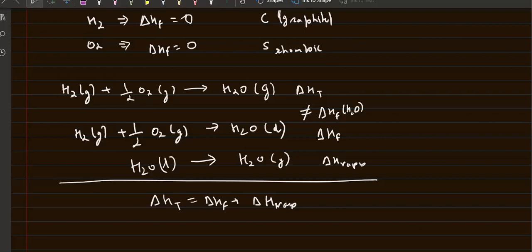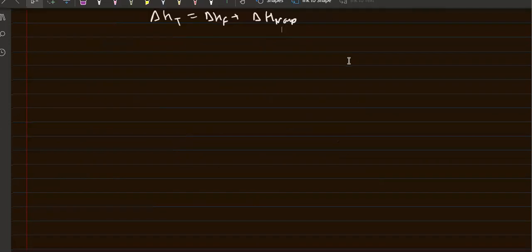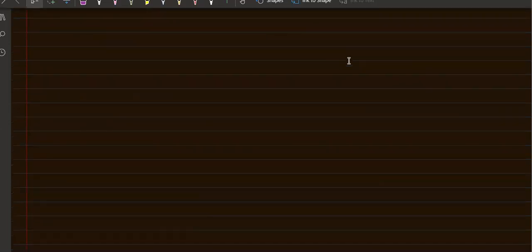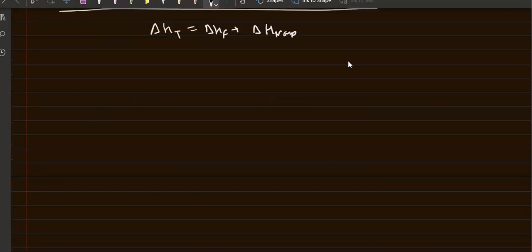So can you tell me what will be the reaction for the formation of CH4? If I have to find the heat of formation of CH4, what would be the reaction? It would be C, graphite.